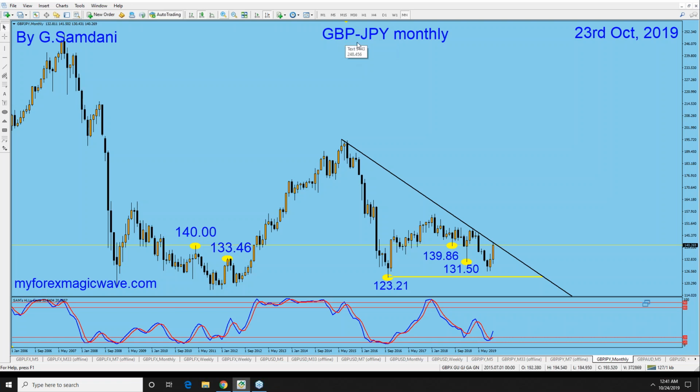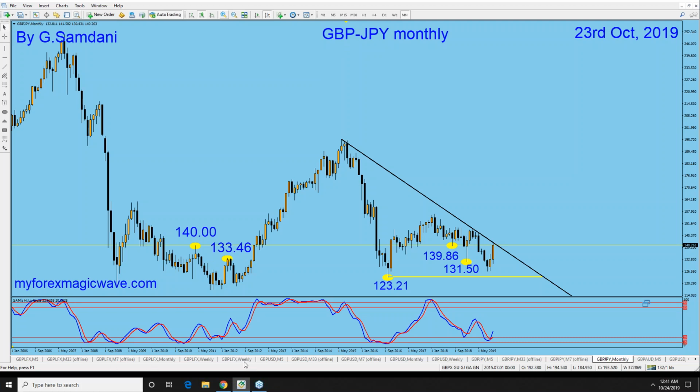Pound kept getting stronger and yen kept getting weaker, so we went up all the way and hit the TL and stopped. Now, last week, over the weekend, we had the voting in the UK for the Brexit approval, which didn't happen. The approval wasn't there, and they are filing for an extension, which is not good for pound. So pound is going to get weaker, right?